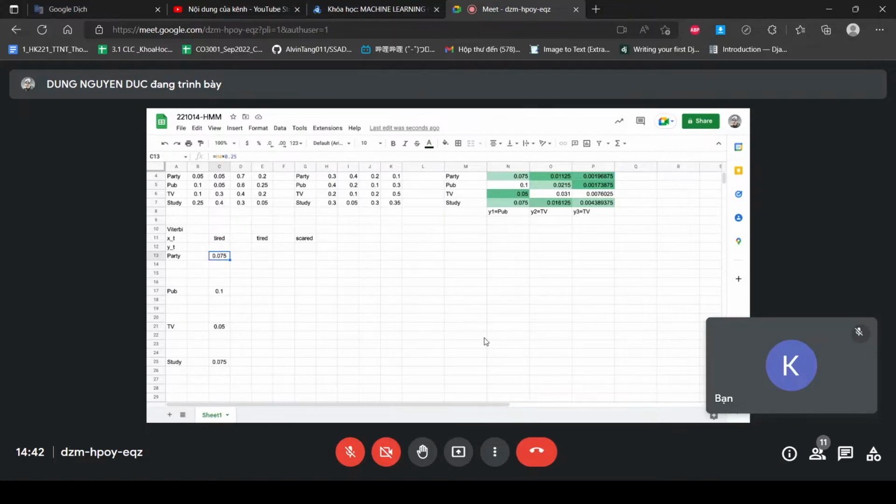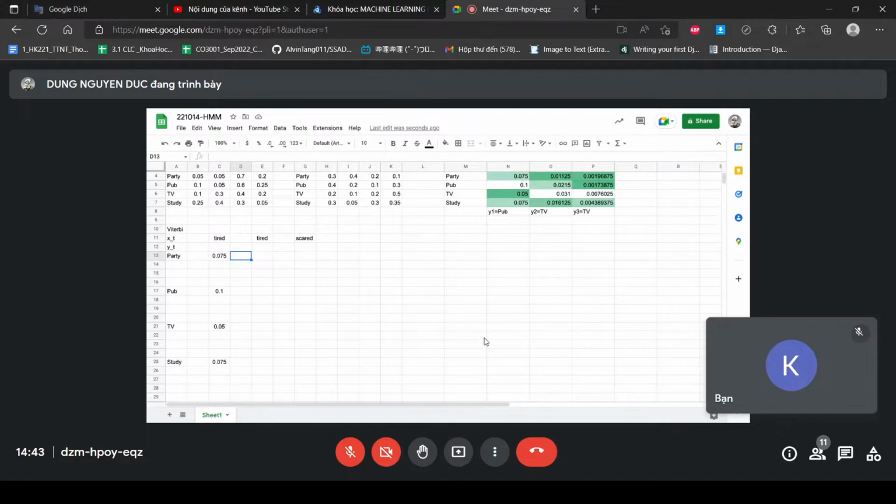And there is another chance that you go from pop to party. So you have a total of four cases. You can go from party to party, you can go from pop to party, you can go from TV to party, and so on.